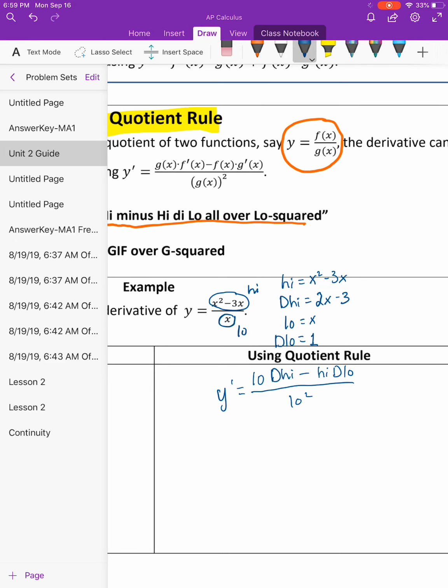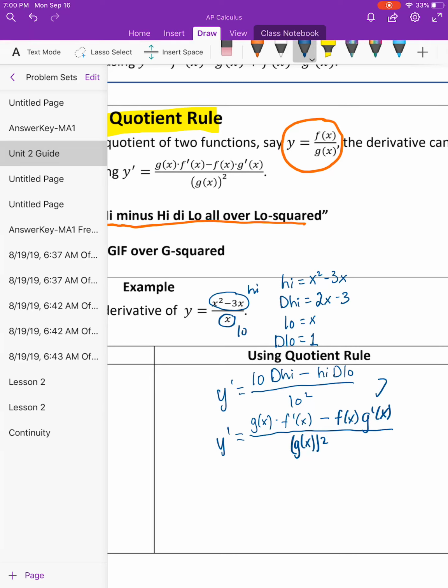So what this actually is saying is the function on the bottom, which we're going to call g of x, times the derivative of the top one, so we're going to say f prime of x, minus high, which is f of x, times the derivative of the one on the bottom, which is g prime of x, all over low squared, which is g of x squared.